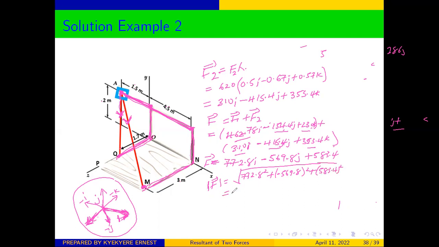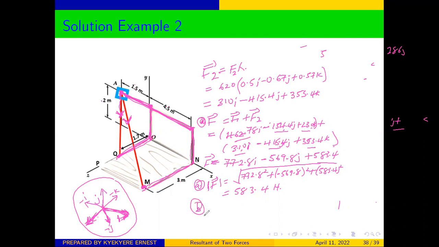Then from there, the magnitude of our force will be 583.4 newtons. So this is our A part of the question, find the magnitude of the resultant force.